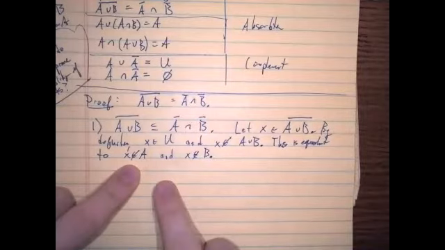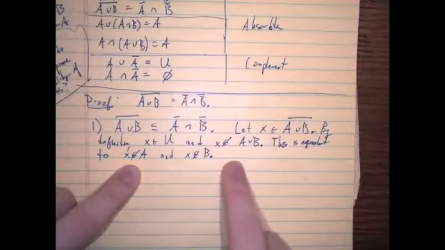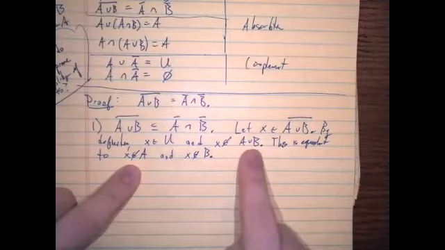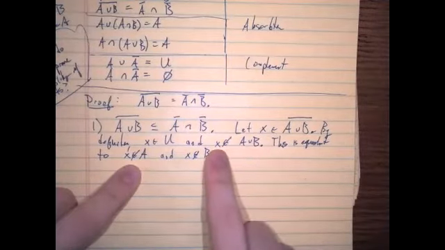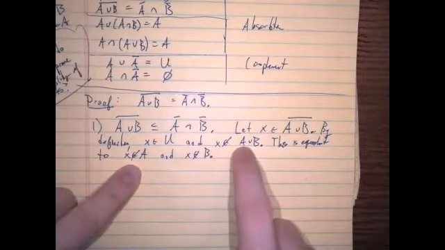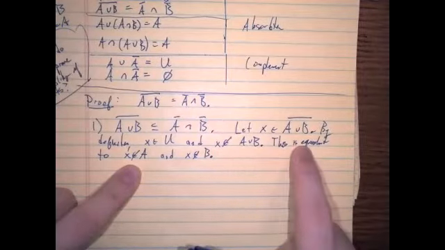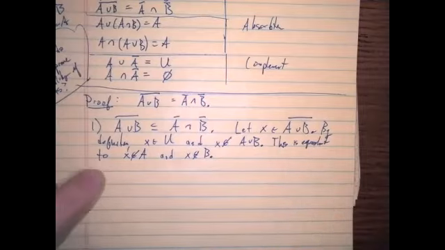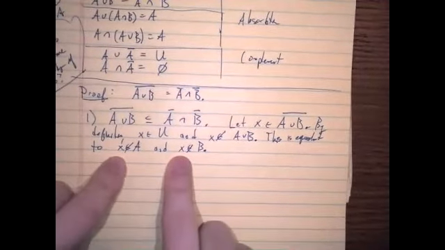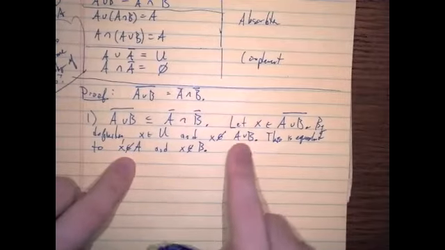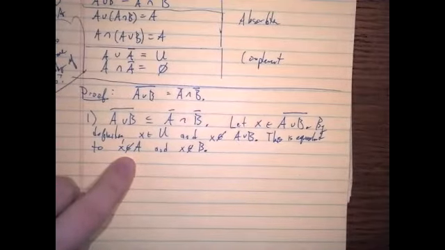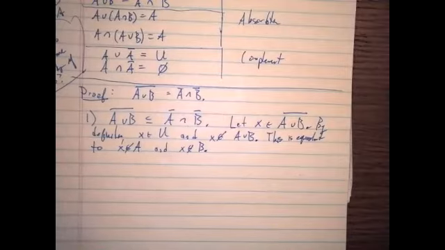So it's not the case that X is not in A intersect B. That's weaker: X being inside the intersection of A and B means that X is in both A and in B. But the thing that we want to negate, that is X is not inside A union B, is equivalent to both of these: X is not in A and X is not in B, because if X is in either one of these, then it'll be inside the union. Is that okay?